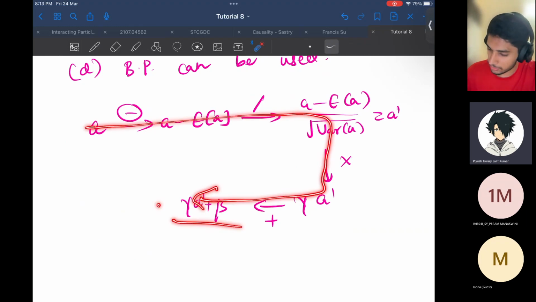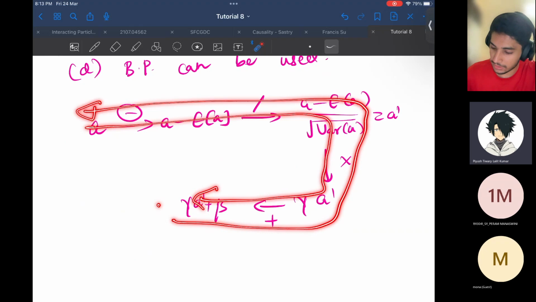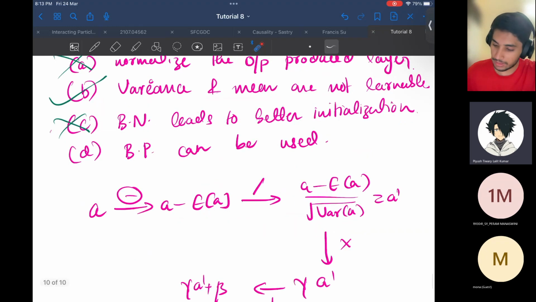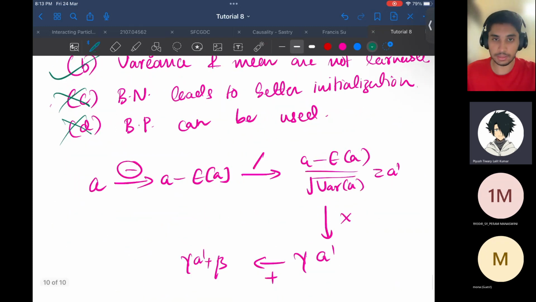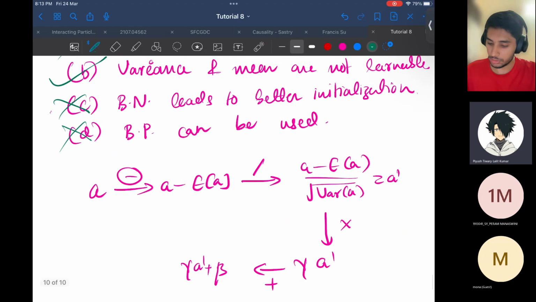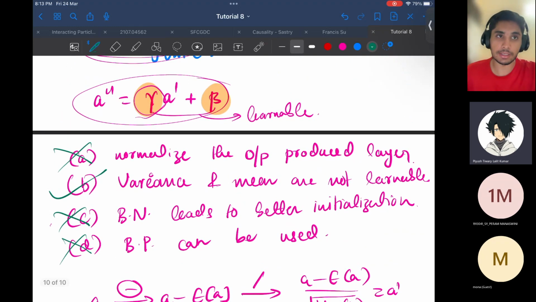So if any loss function comes, you can always go in the reverse direction and backpropagation is possible. There is no issue with backpropagation. So this is a correct statement, hence an incorrect option. I think only B will be the correct answer.